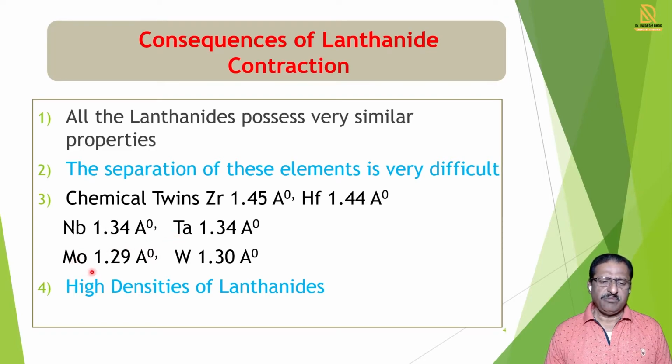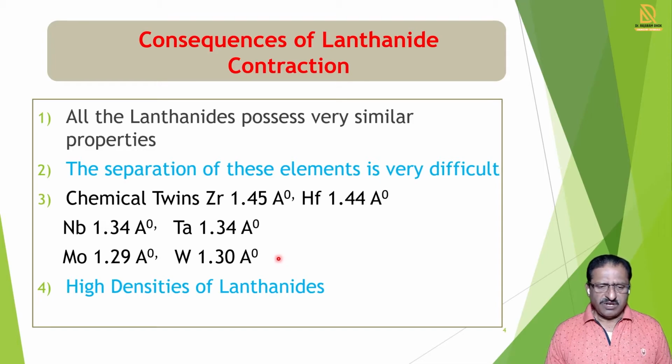Then molybdenum 1.29 Angstrom and tungsten W, 1.30 Angstrom. So these two are also the same, and because of this these metals are not separated from each other. So these are called the chemical twins.